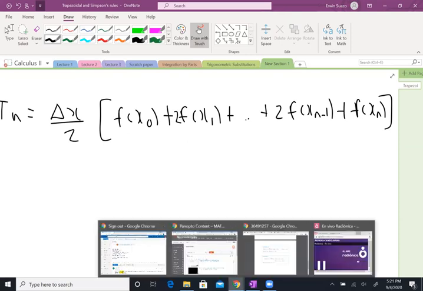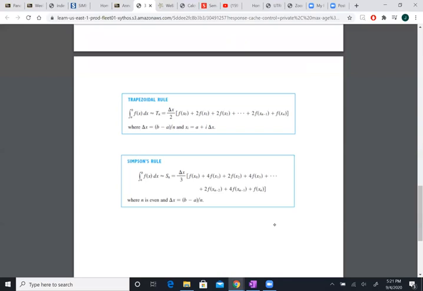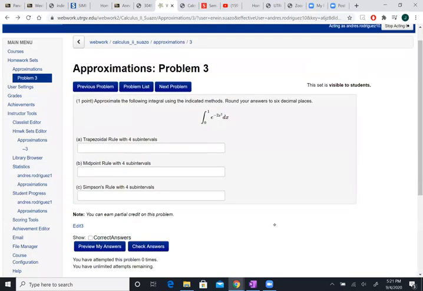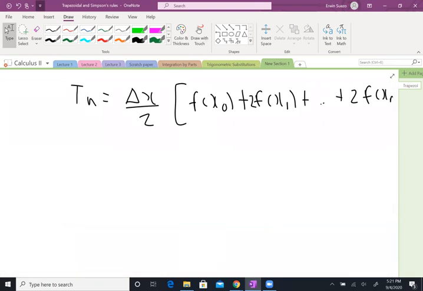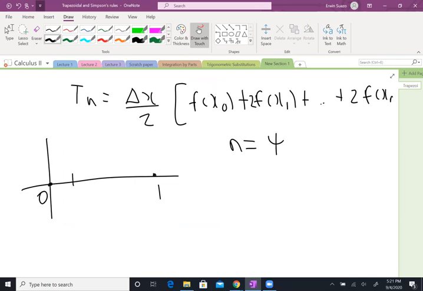In our problem, n is 4 because we need 4 subintervals, and the interval is 0 to 1. It's useful to draw this to focus and not get lost in your thinking. This is 0, this is 1. N is 4, so you divide into 1, 2, 3, 4.